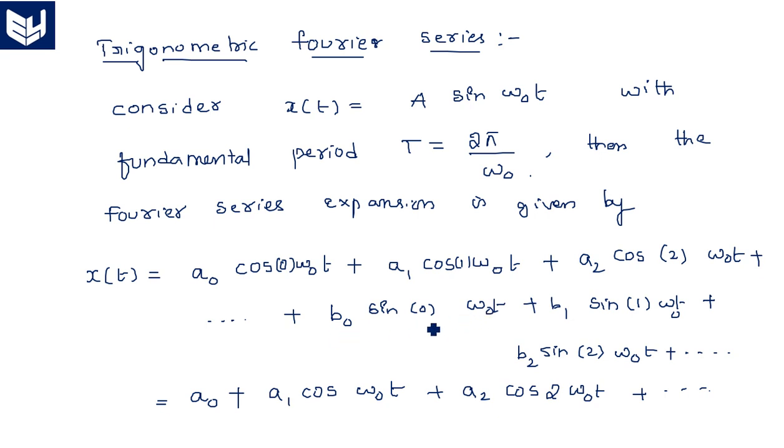Sine 0 is 0, so the b naught coefficient is not there, and plus b1 sine omega naught t plus b2 sine 2 omega naught t and so on.